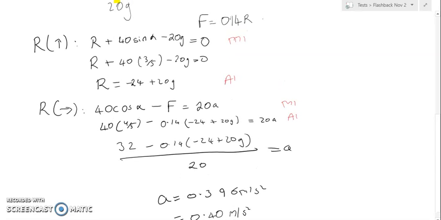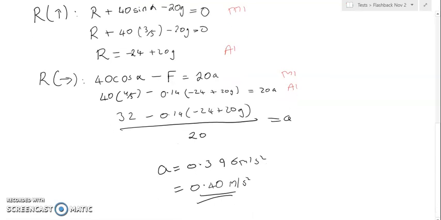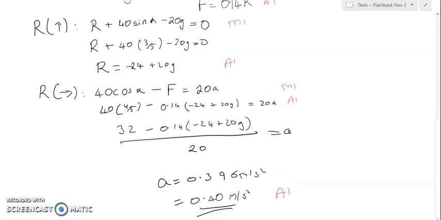You'll also get a mark for writing down F equals mu R and then subbing it in, and then the final mark for getting the answer correct. In mechanics, they're quite generous in terms of giving method marks out, so it's well worth trying to resolve horizontally or vertically, and trying to get your equations of motion, your F equals ma equations.